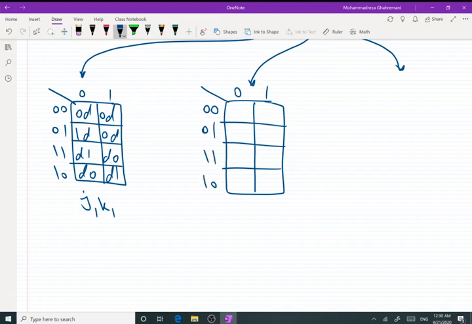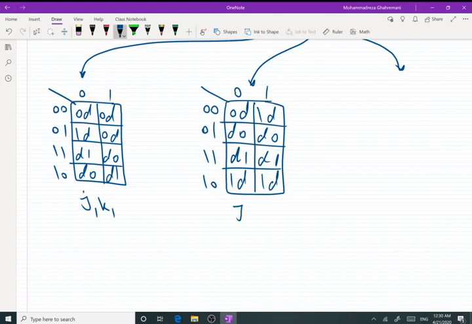By using the excitation table, we will have 0D, 1D, D0, D0, D1, D1, 1D, 1D.